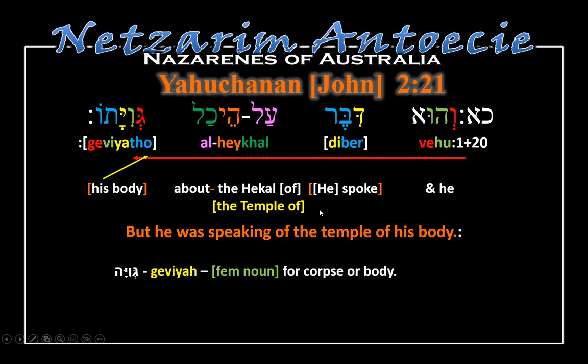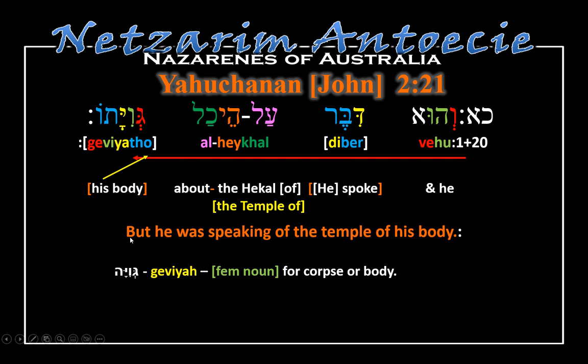The bear, he spoke. Al, meaning about. Hekal, meaning the hekal of, or the temple of. Geviyato, his body. If we look down here, geviya is a feminine noun for corpse or body.